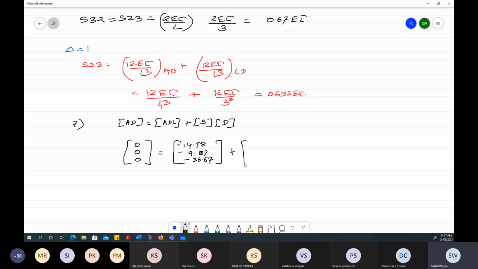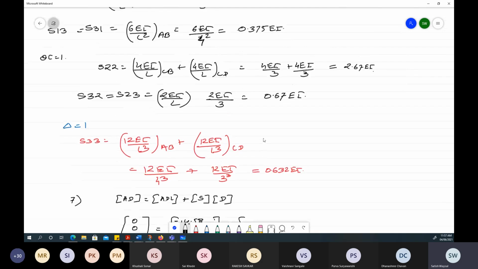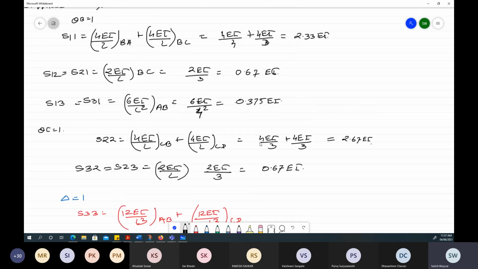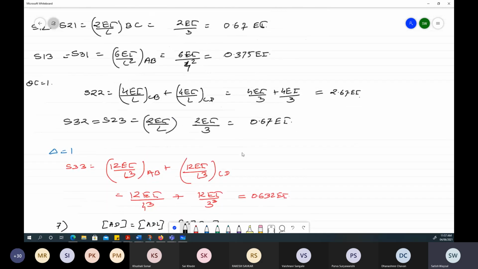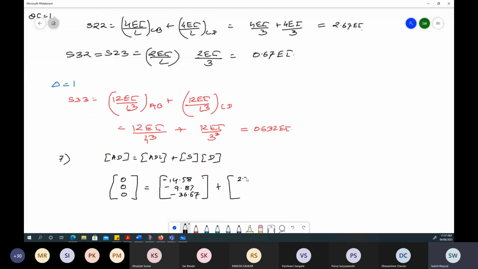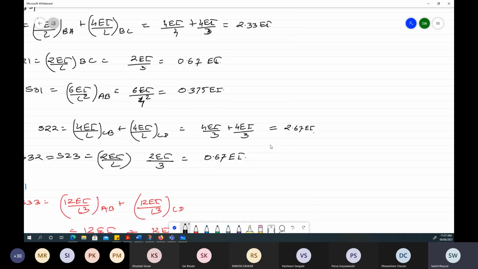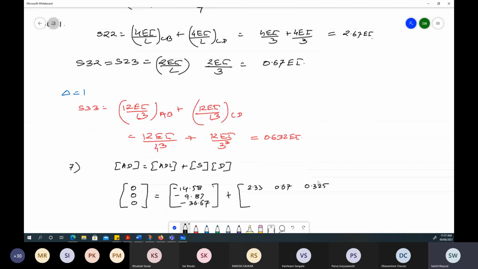Plus the stiffness S. S11 we have calculated. S11 is equal to 2.33, 0.67, 0.67 and 0.375, right? 0.375, not 0.325. Outside of this bracket is EI. Write down another bracket over here.